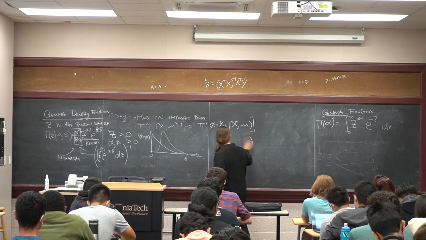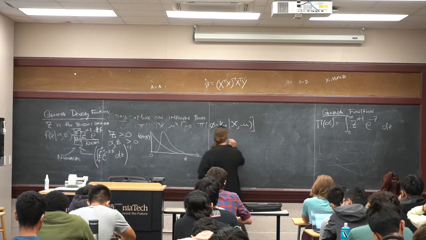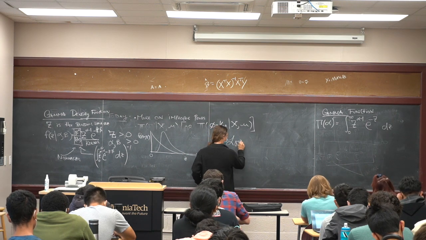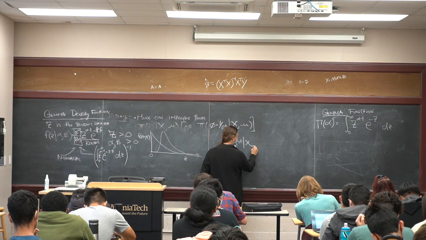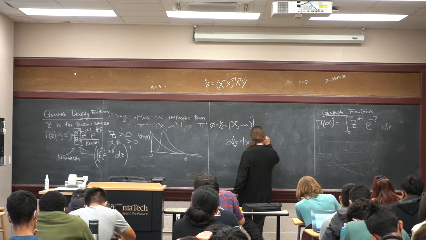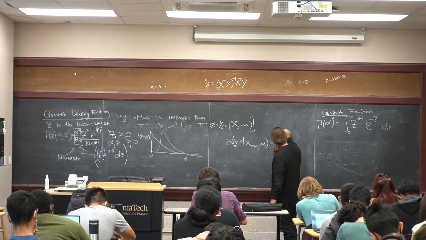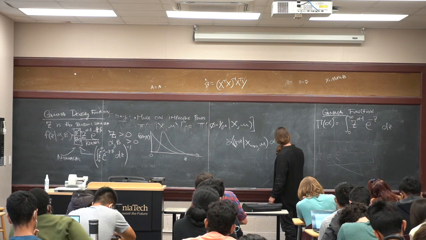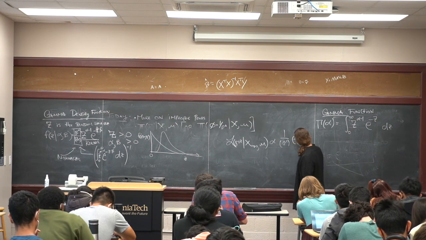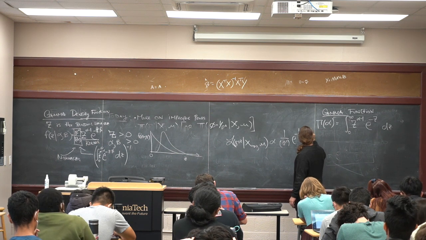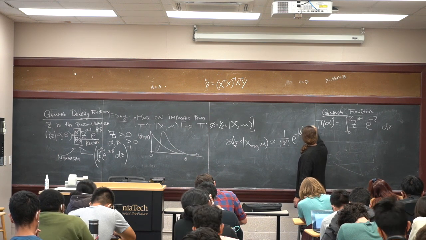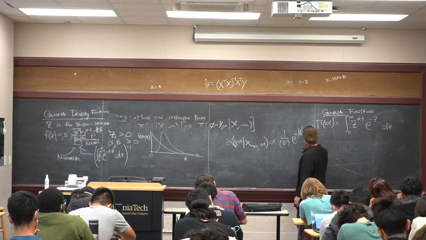Okay, so our likelihood looks like this. Sigma squared given x obs and mu is proportional to 1 over sigma squared, e to the minus 1/2, x minus mu x obs squared over sigma squared.